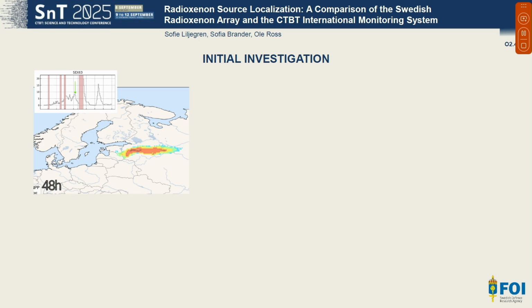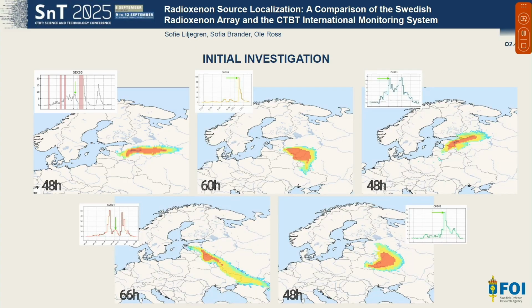The sample in question is the one indicated by the green arrow. This means that 48 hours before we collected this sample of radioxenon, this colored area is where the air was. We did this for all of these samples where we found radioxenon, and this is just an example of 6 such samples.